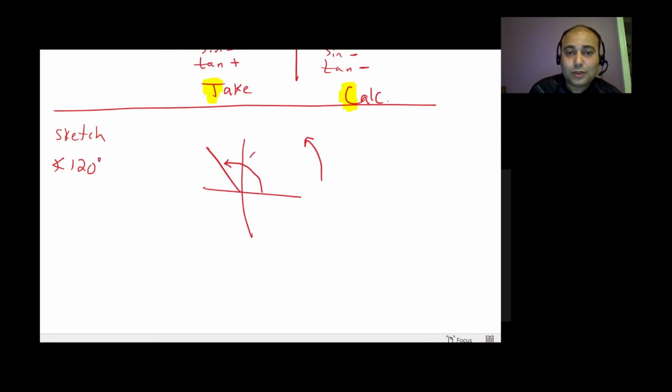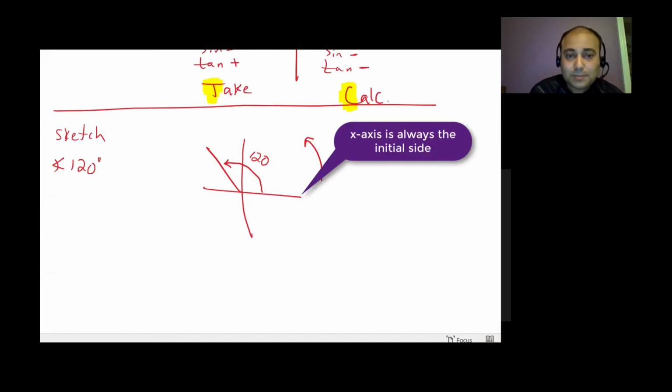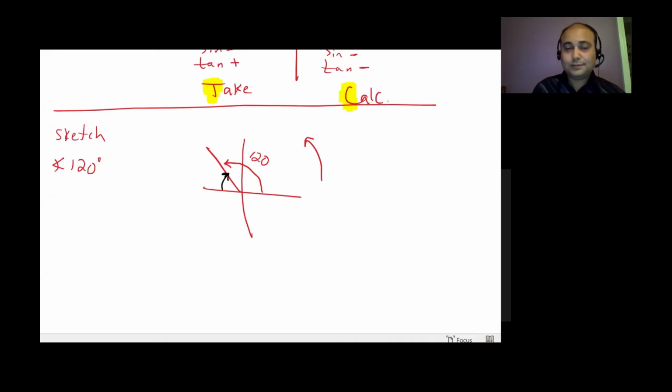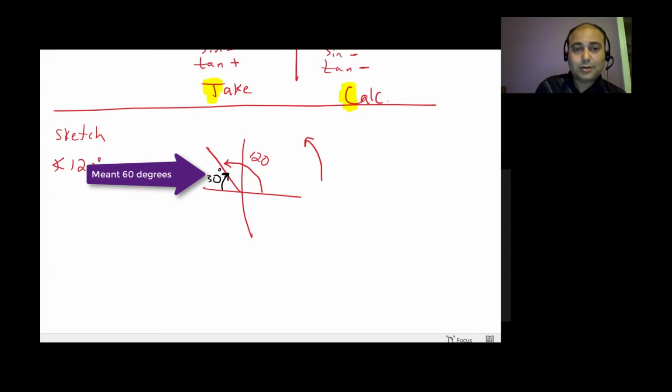So that is 120 degrees, which means, can someone explain to me what is the angle from here all the way to here? So if from here to here is 120, that means the black angle right here is 30 degrees. Perfect. All right.